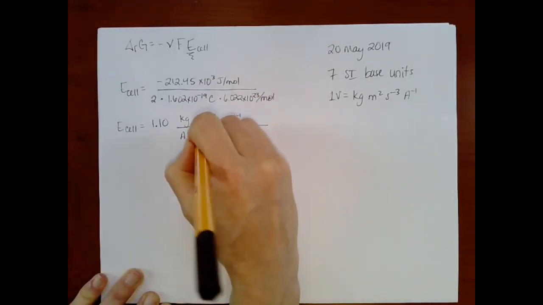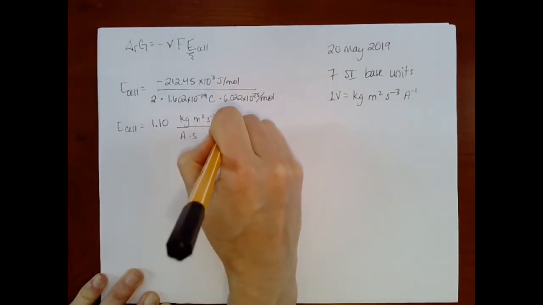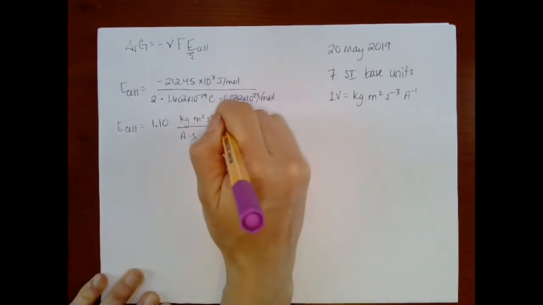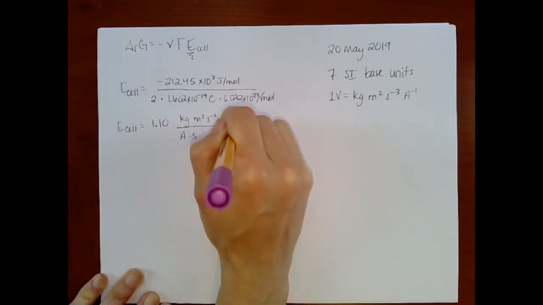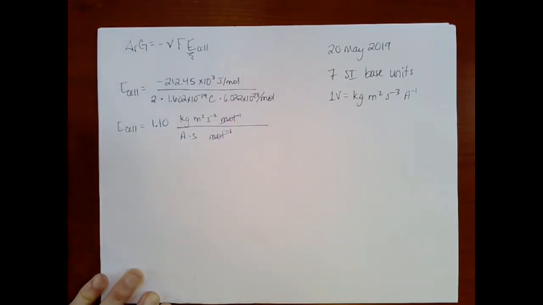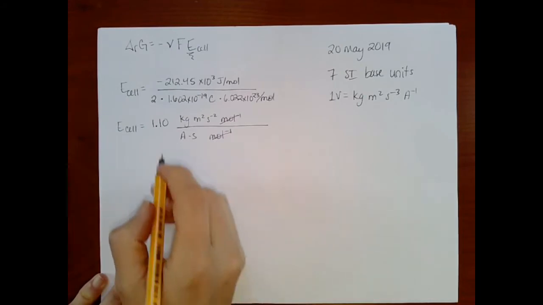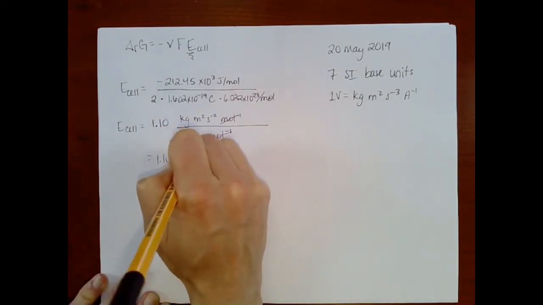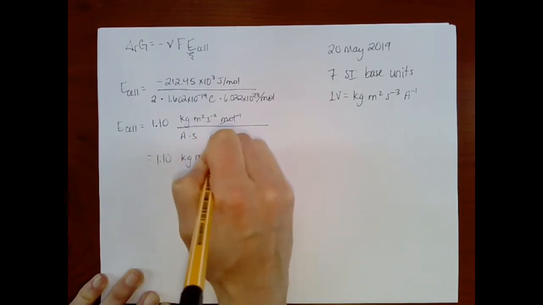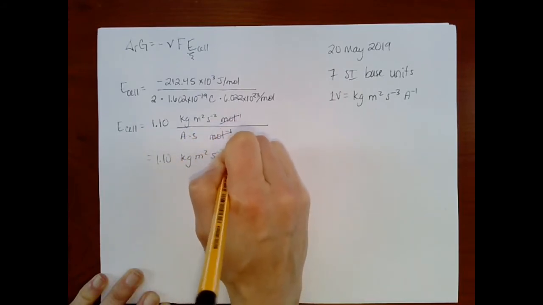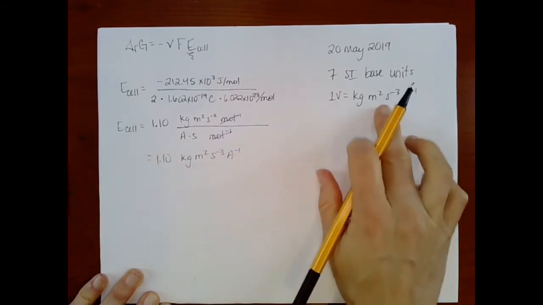And we have Avogadro's number. So if I go through and cancel my units, then I end up getting 1.10 kilograms meters squared per second cubed per amp, which is the same as my unit of the volt.